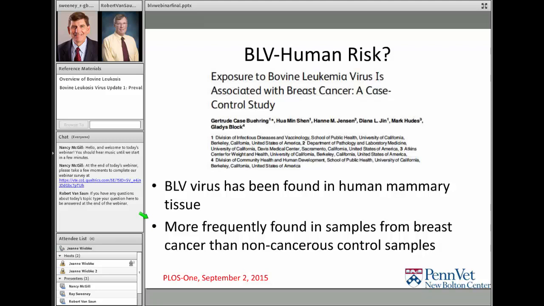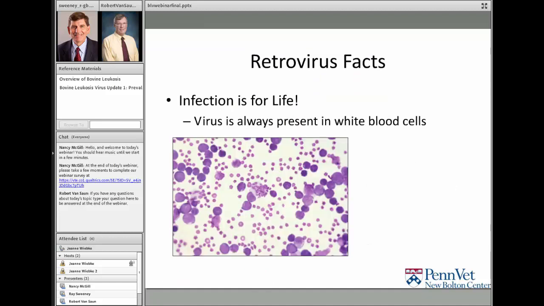So this is really an earth-shattering phenomenon, which if additional studies prove it to be true, may change the way that we think about BLV, which up until now has really been just considered a livestock issue and not a human health issue.